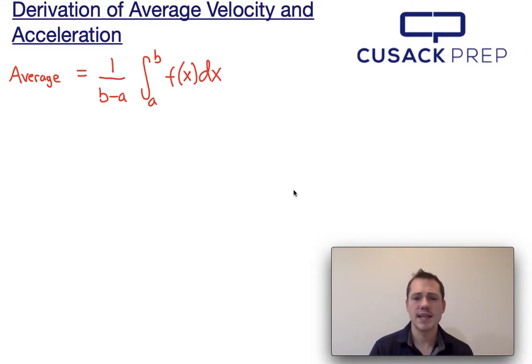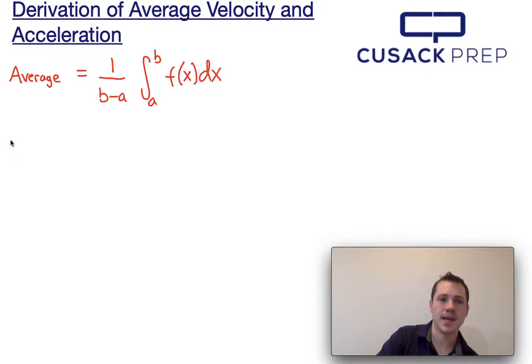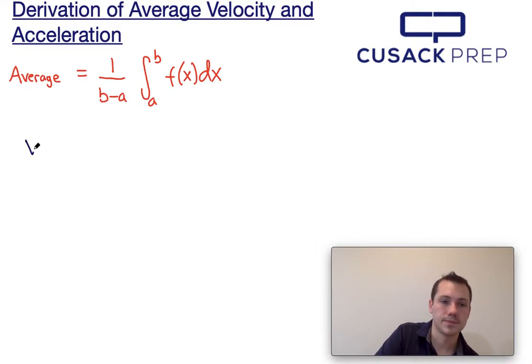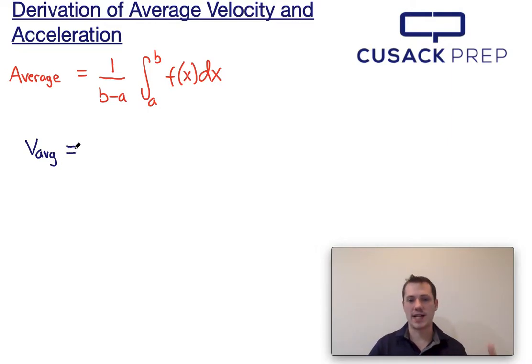So let's say we wanted to figure out the average velocity. We're going to call that V average. So we're going to take this here and write V average. If we're looking at some average velocity, we're looking over some interval of time.